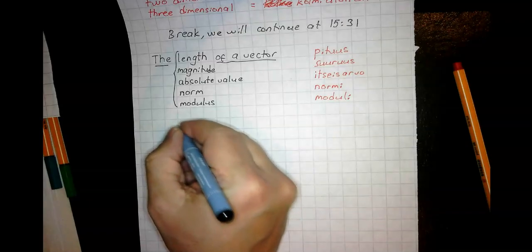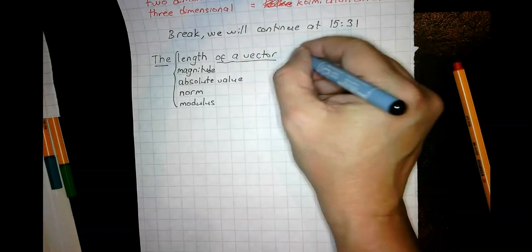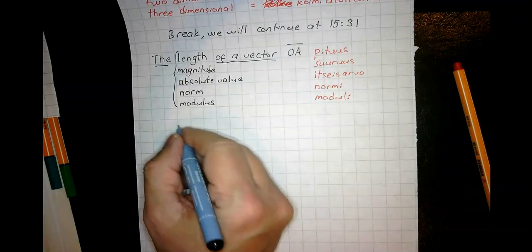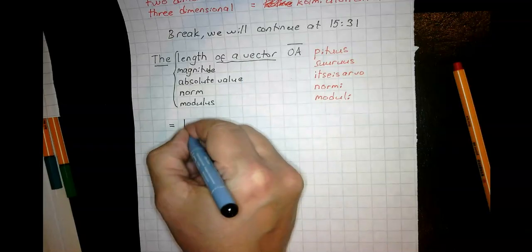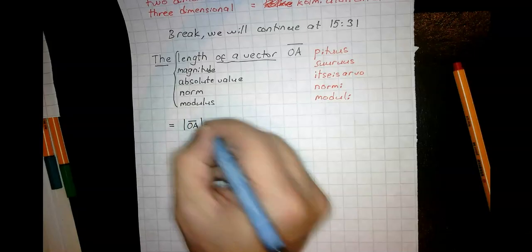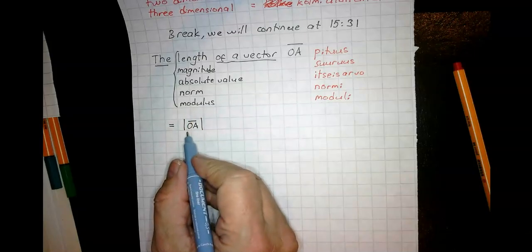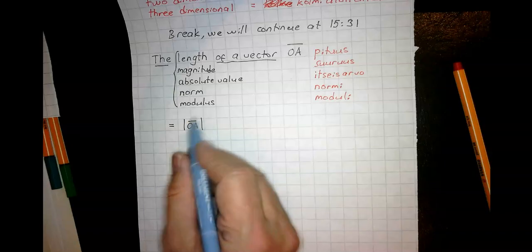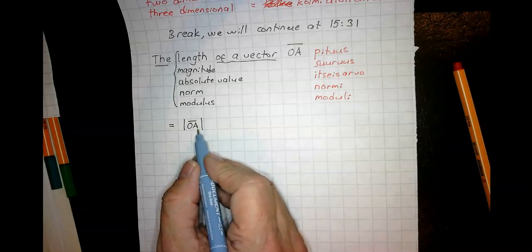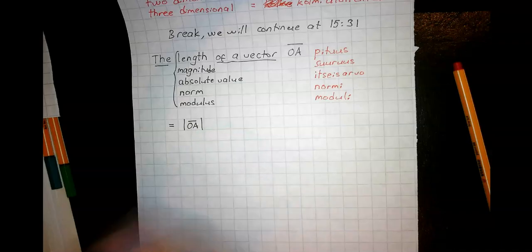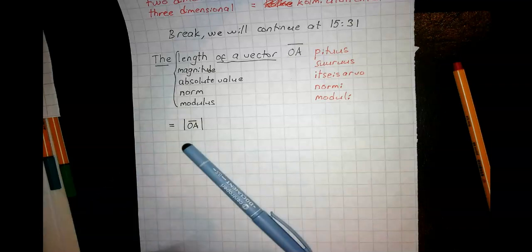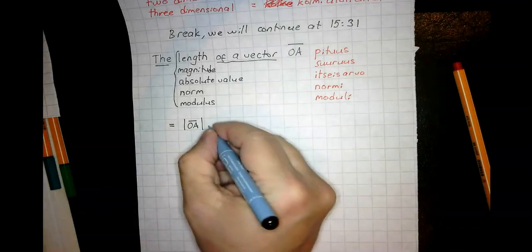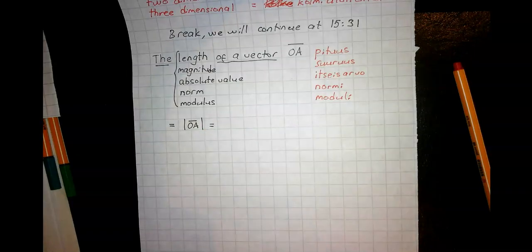So the length of vector OA, we may notate it with these absolute value signs, the same way to express the absolute value for a number. For example, the absolute value of the number -7 is 7, and we could notate it with these two vertical lines.